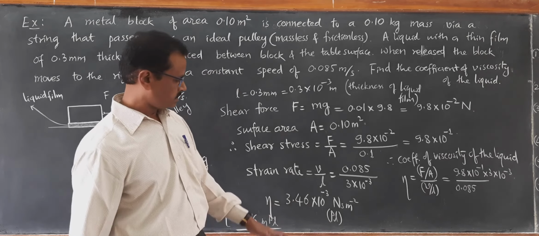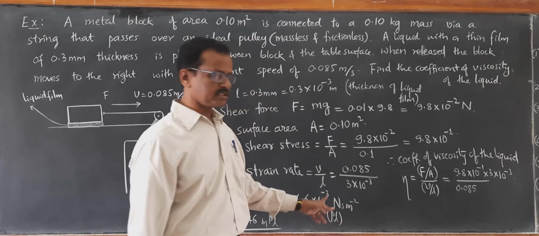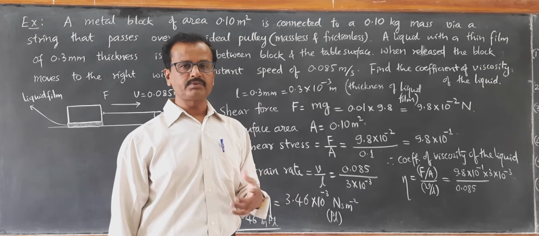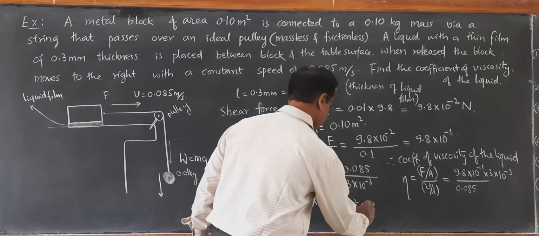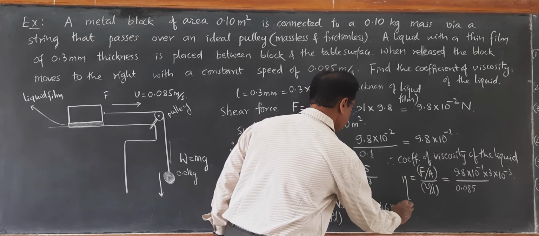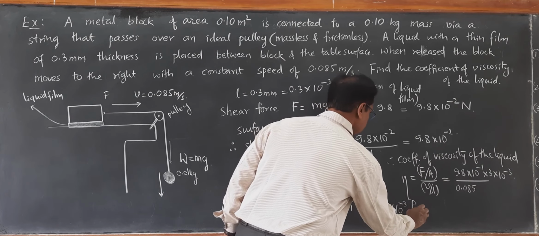And one more way you can express it. Newton per meter square is Pascal. So we can also write this as 3.46 into 10 raised to minus 3 Pascal second.